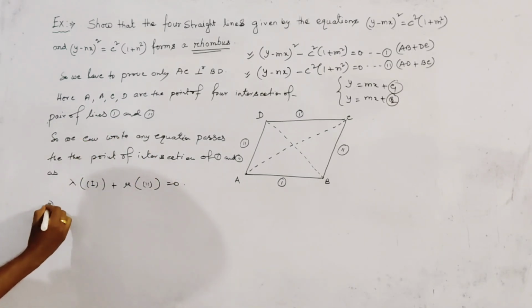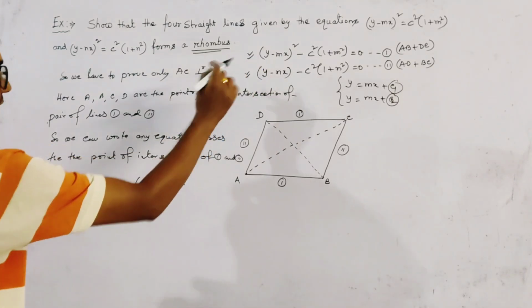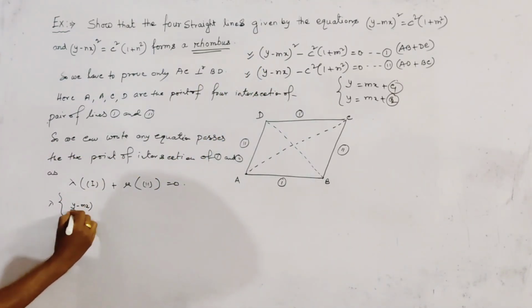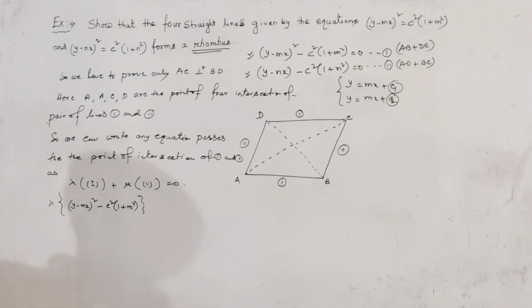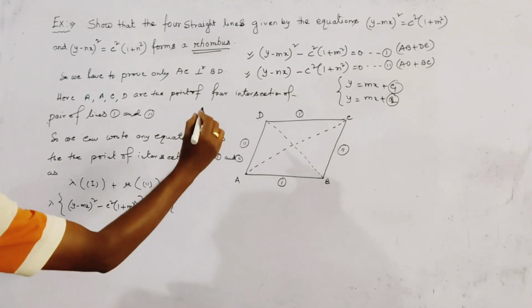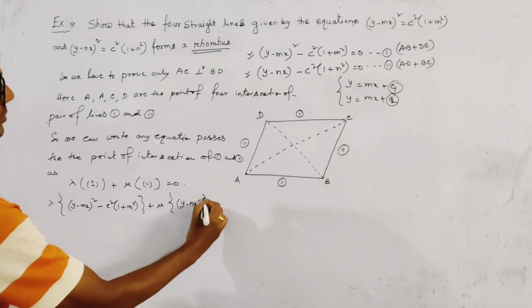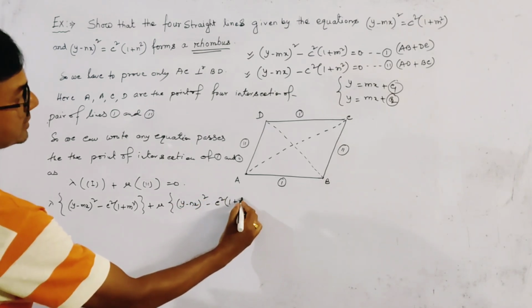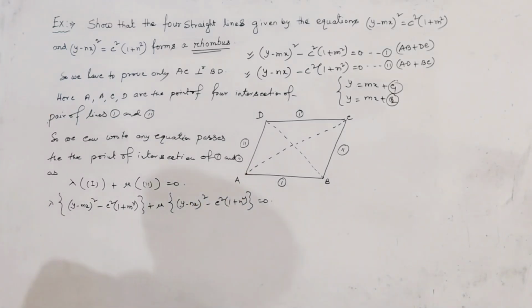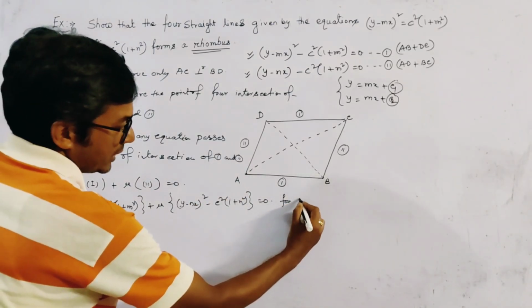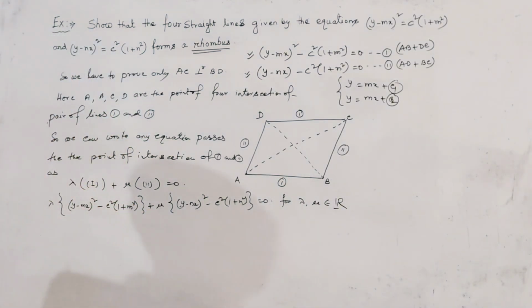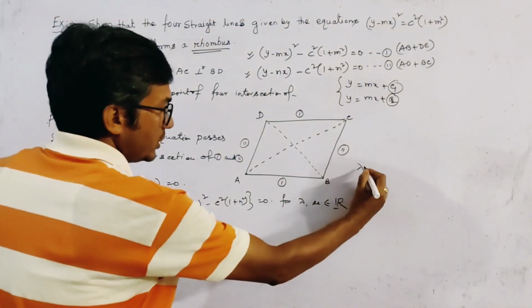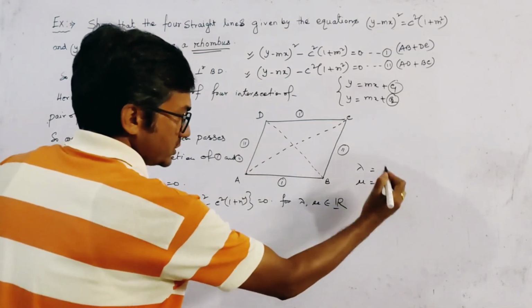That is, lambda into (y minus mx) whole square minus c square into (1 plus m square), plus mu into (y minus nx) whole square minus c square into (1 plus n square), equal to 0, for lambda, mu belonging to R, the set of real numbers.